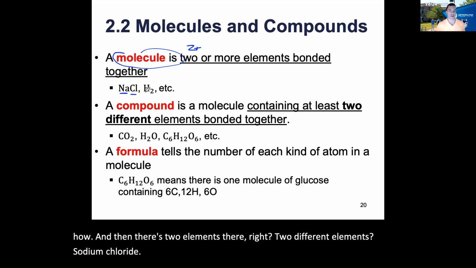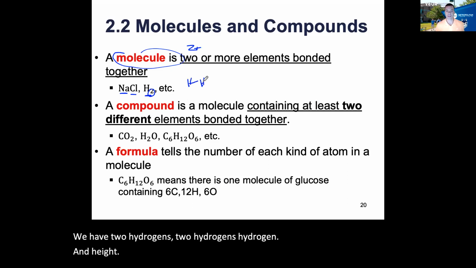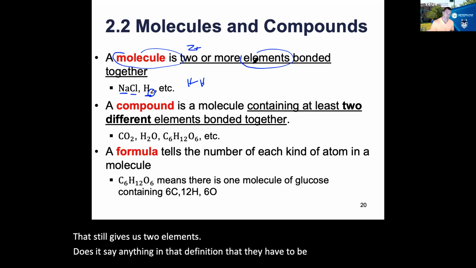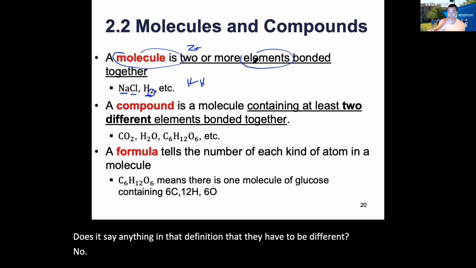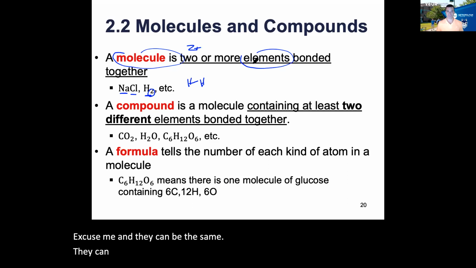What else do we have here? We have 2 hydrogens, hydrogen and hydrogen. That still gives us 2 elements. Does it say anything in that definition that they have to be different? No. So a molecule is 2 or more elements bonded together, and they can be the same.